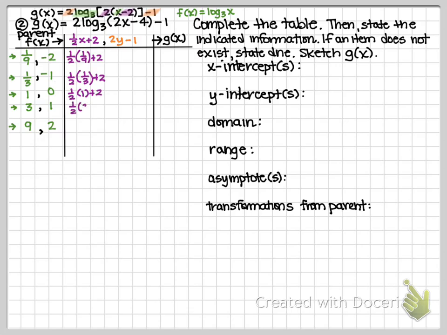And then watch your positives and negatives here. This one's not so bad because all of the x's are positive, but still, just be careful. And then with my y's, I'm going to do 2 times the existing y minus 1, all the way down.